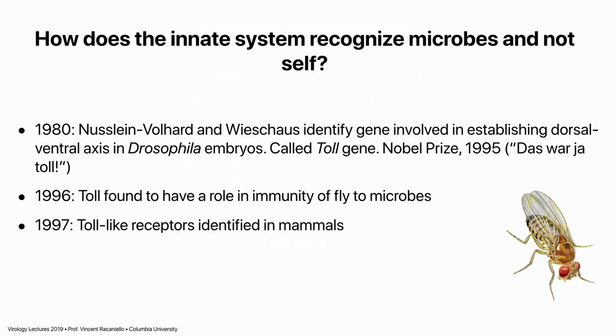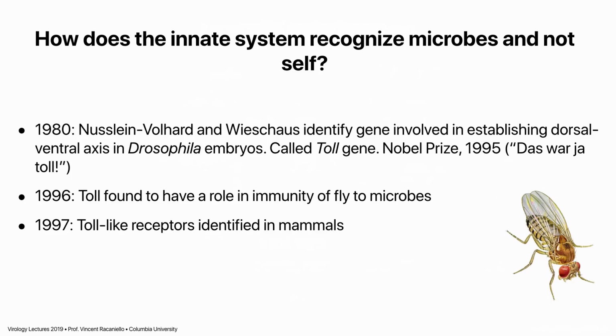How was this discovered? So for years, people knew there were innate defenses, but we didn't understand how the host distinguished foreign things from self, because the innate system detects proteins and nucleic acids, and a protein is a protein, a nucleic acid is a nucleic acid, or is it?